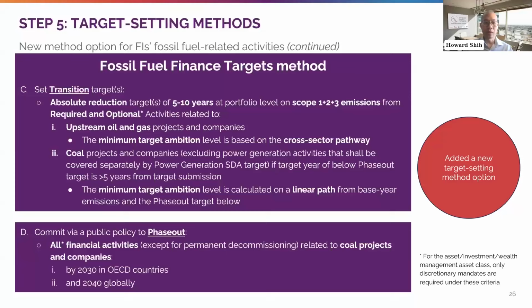So this is a totally new target setting method option. I'll just pause here to go through some questions. And just to reiterate, FIs must set targets on the fossil fuel sector, but FIs have the option to use this particular method or not.